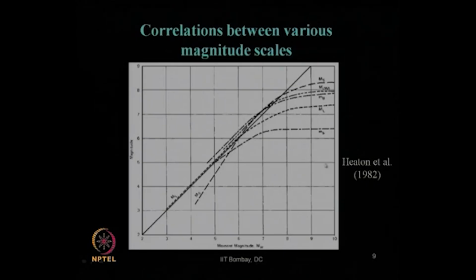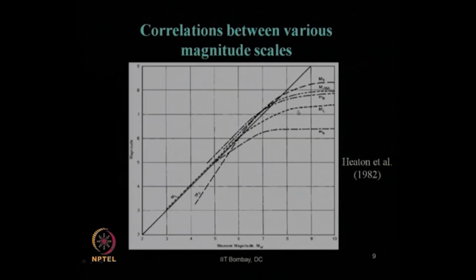Heaton et al. in 1982 proposed these correlations between various magnitude scales with respect to the moment magnitude, and these are the various other magnitude scales. As we can see, this dark solid line is the line of equality. We can see at higher magnitude all the other scales like surface wave magnitude, body wave magnitude, Richter magnitude tend to saturate.